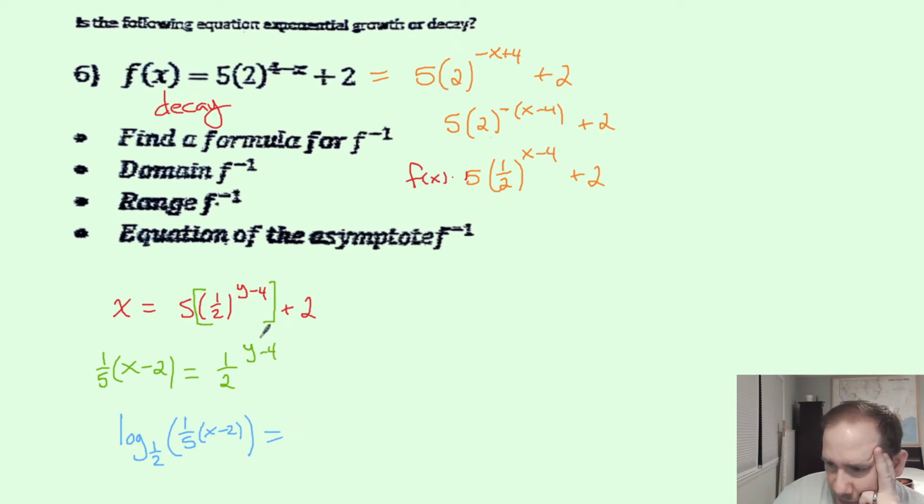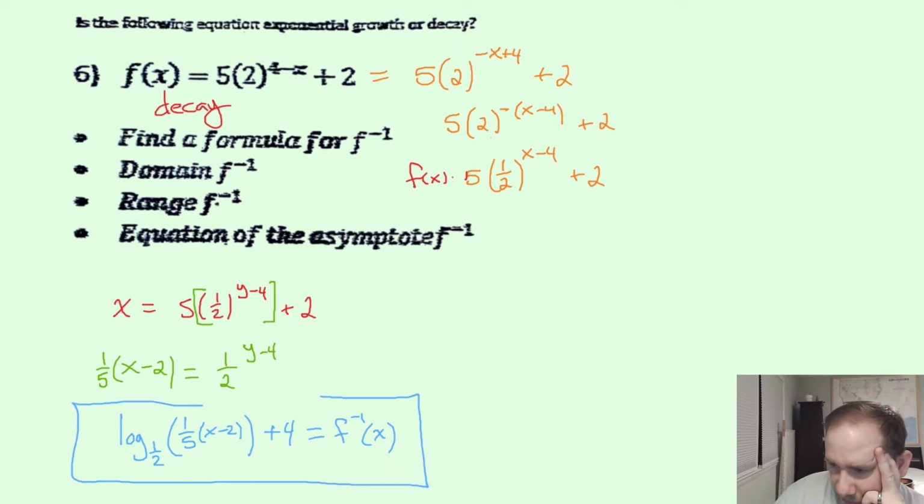And that's going to equal the y minus 4. So I'm going to be a little lazy and say if this was equal to y minus 4, then we would have added 4 to just isolate the y to get the inverse function. But there it is. This log function is our inverse function. So that checks bullet 1.